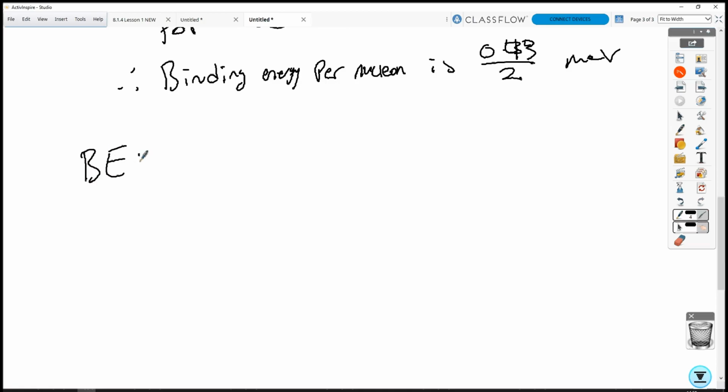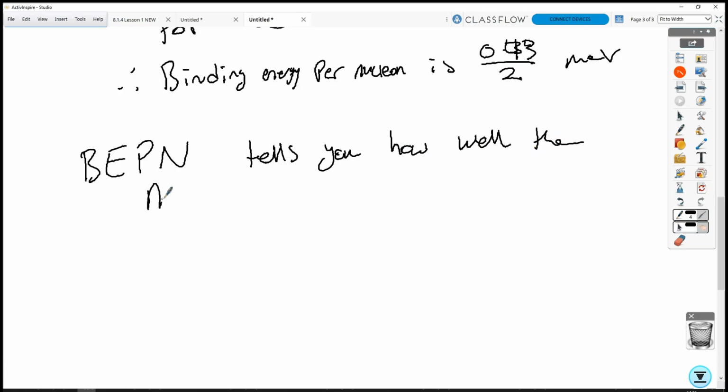So binding energy per nucleon, BEPN, tells you how well the nucleons bind together. So the process of both fission and fusion, they both increase the binding energy per nucleon.